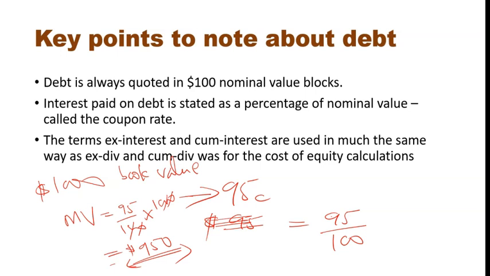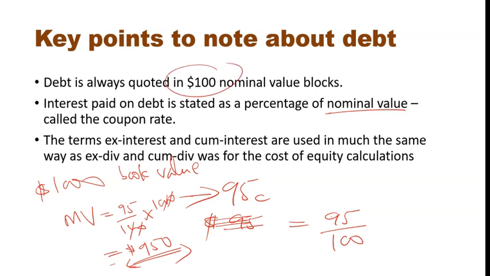Then interest paid on debt is stated as a percentage of nominal value called the coupon rate. So when you want to calculate the interest or the coupon rate, you don't use the market value, but you use the book value or the nominal value of the debt. That is, it should be based on $100.